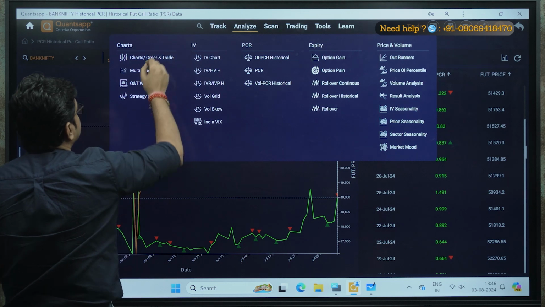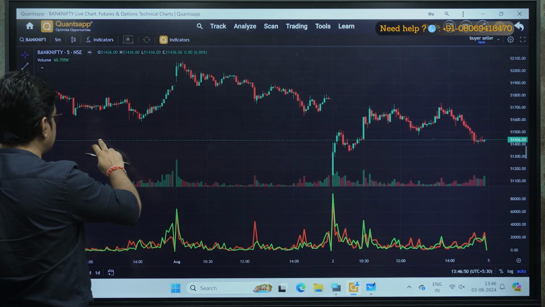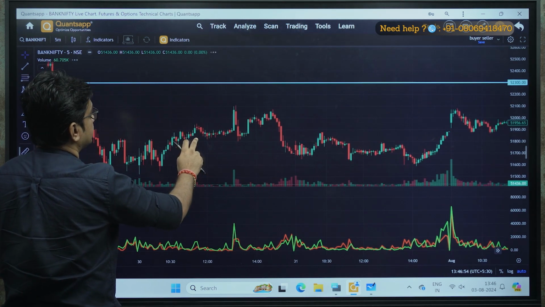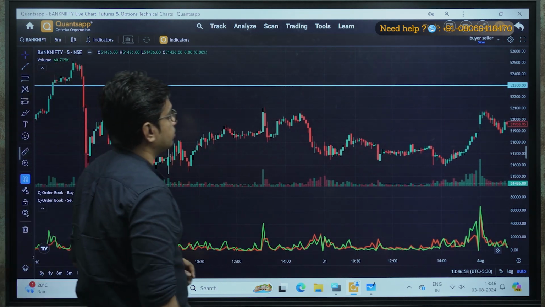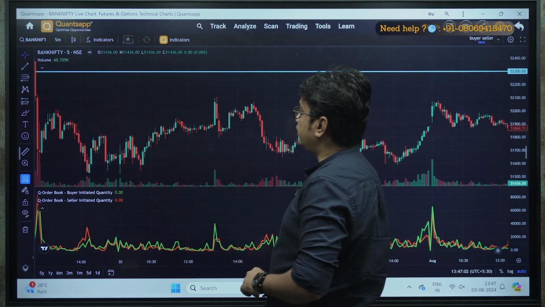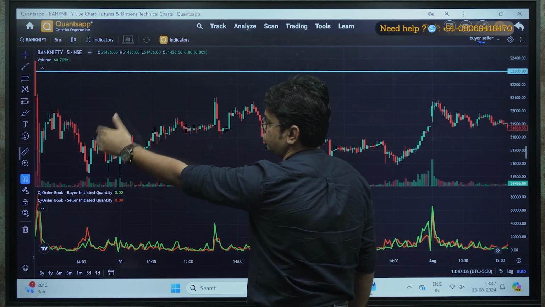So I'll go to analyze, select chart order and trade. Now it is Bank Nifty. On 30 it was generated. Now you can see I can't find any resistance over here. You can see there is too much volatility.